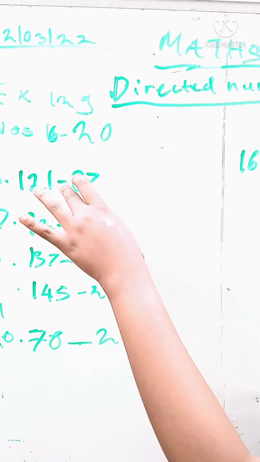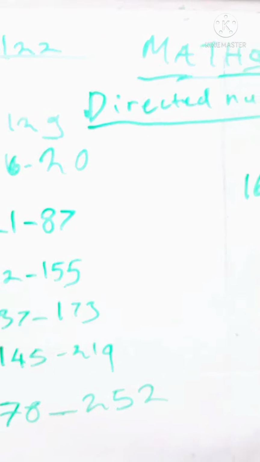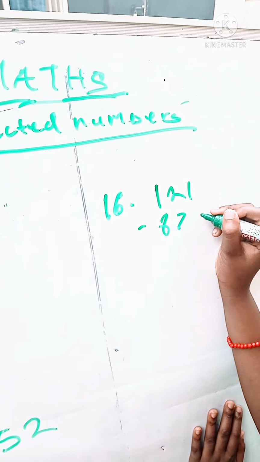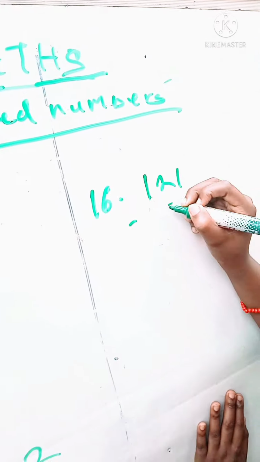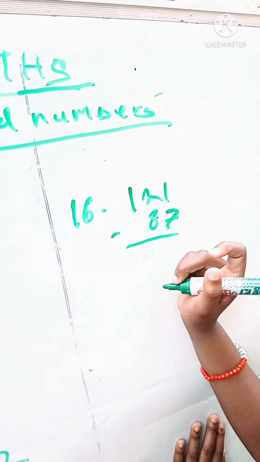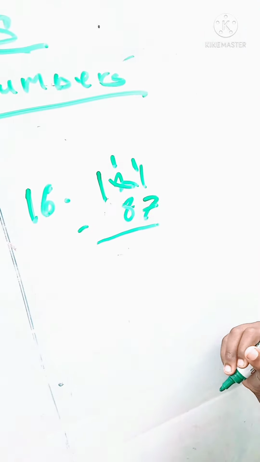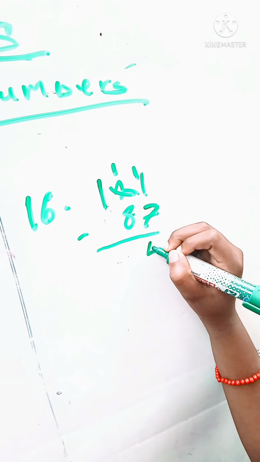So here we have 121 minus 87. We could simply subtract the numbers, working to the left, but there was something wrong when the numbers went out of order, so it's better you start from the back. Now I borrow 1 from 2, it remains 1. 11, that is 10, 9, 8, 7, 6, 5, 4.